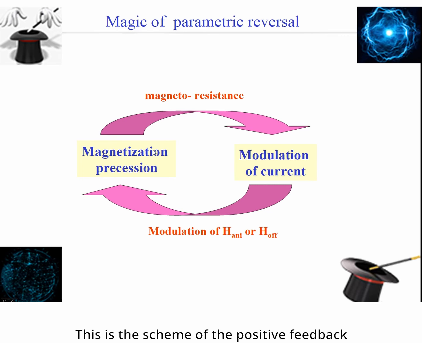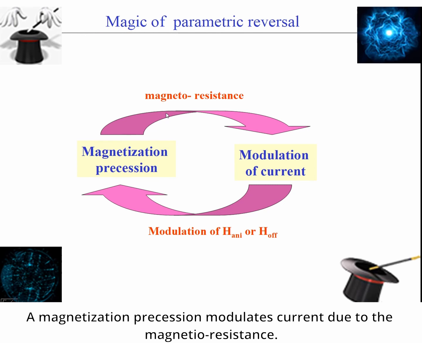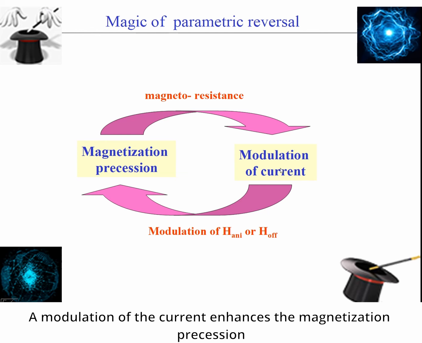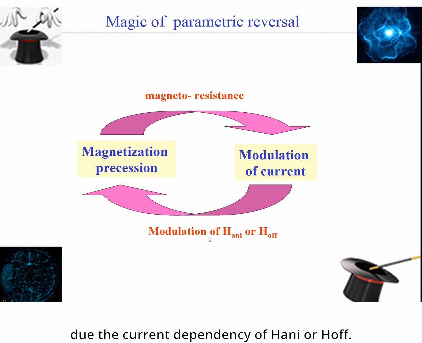This is a scheme of positive feedback loop. A magnetization precession modulates current due to the magnetoresistance. A modulation of current enhances the magnetization precession due to the current dependency of anisotropy field or an offset field.